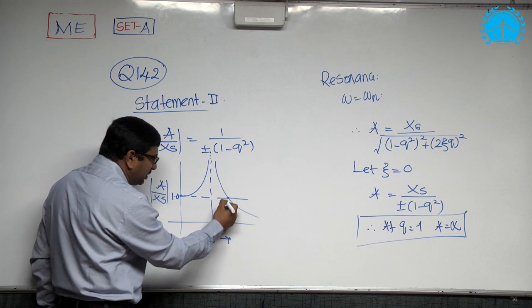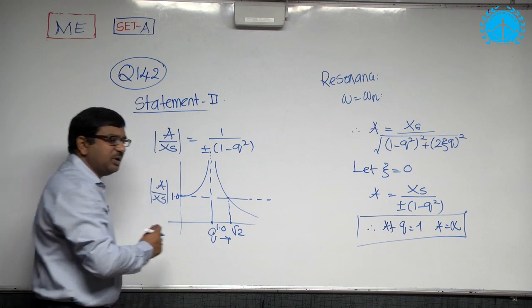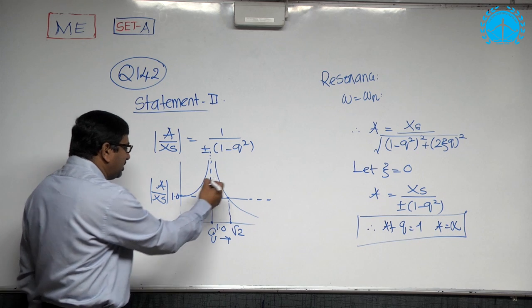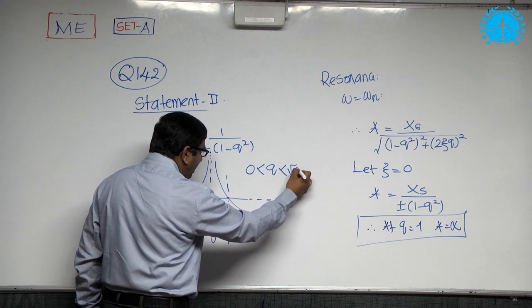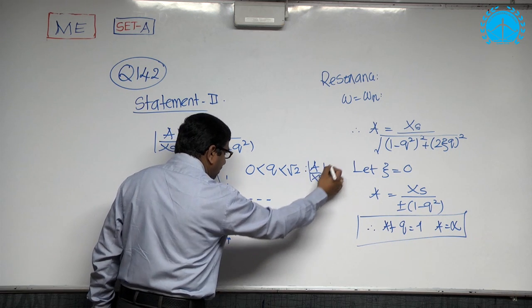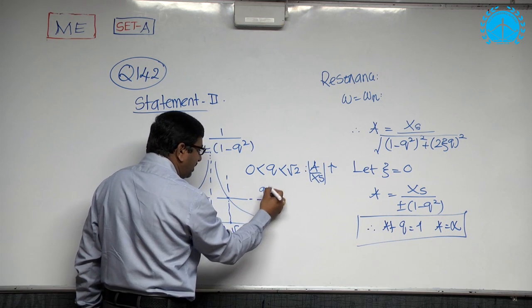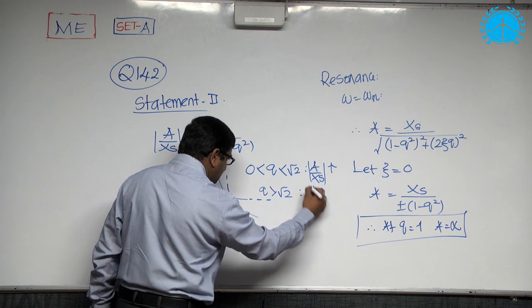But as q increases beyond root 2, the value decreases. That means there are two clear zones. One zone is from 0 to root 2, where A by xs increases with increase in q, but if q is greater than root 2, A by xs decreases.